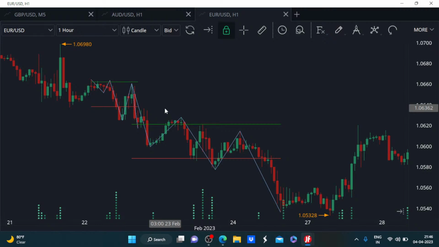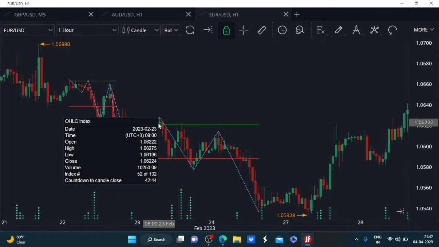For these examples, here we are considering these price levels formed in late February. And in these cases, you can see that here we had these price levels of around 1.062 acting as the resistance. And on the lower side, we had the support coming into play around 1.058. Eventually, we saw this break.